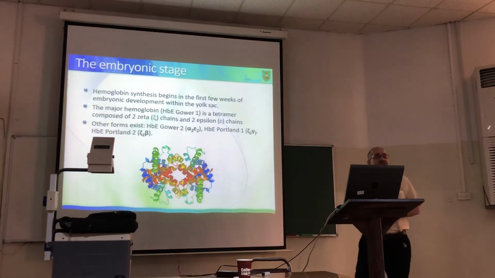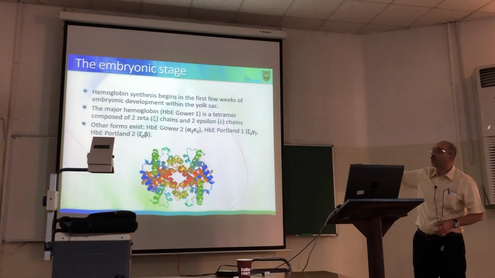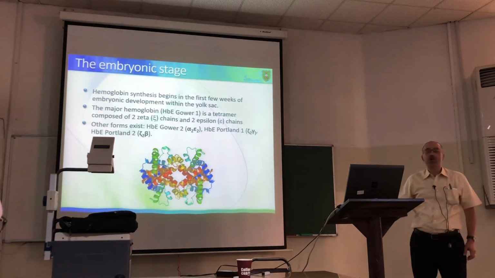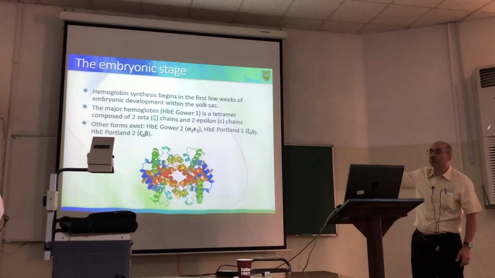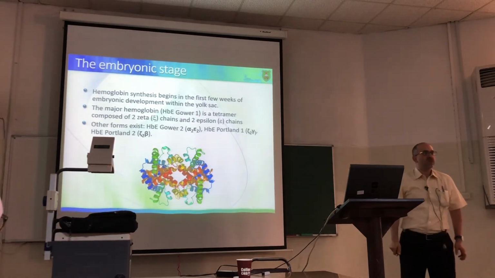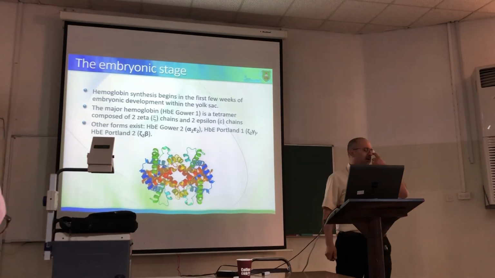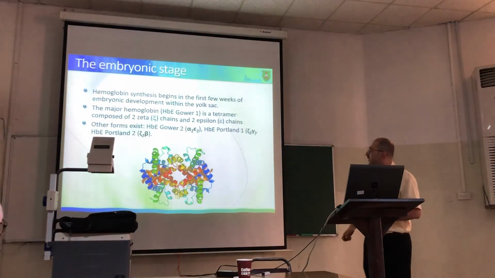In the embryonic stage, we have a hemoglobin molecule known as Gower 1, HbE. E stands for embryonic, Gower 1, which is made of 2 zeta and 2 epsilon chains. That's the predominant hemoglobin that exists in the embryonic stage.